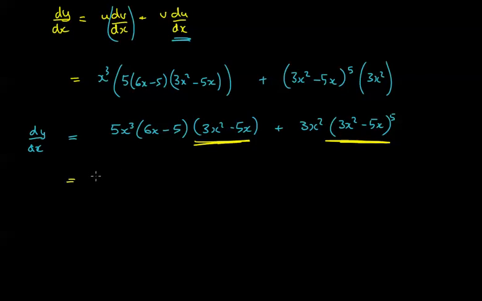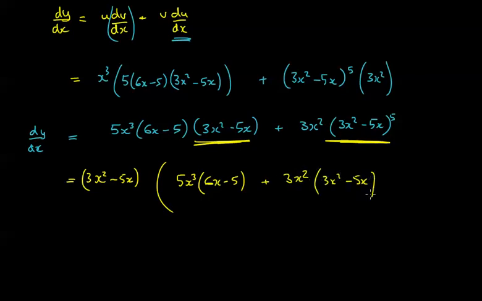So I can take the 3x squared minus 5x out, and then I'd have 5x cubed times 6x take away 5 plus 3x squared bracket 3x squared minus 5x, to the power of 4.